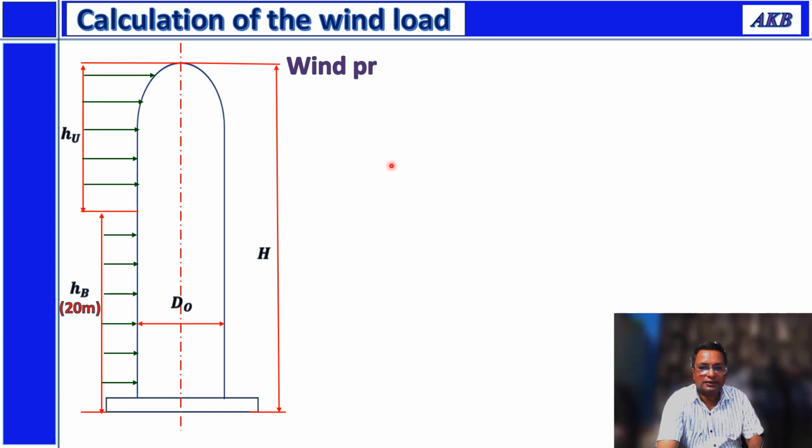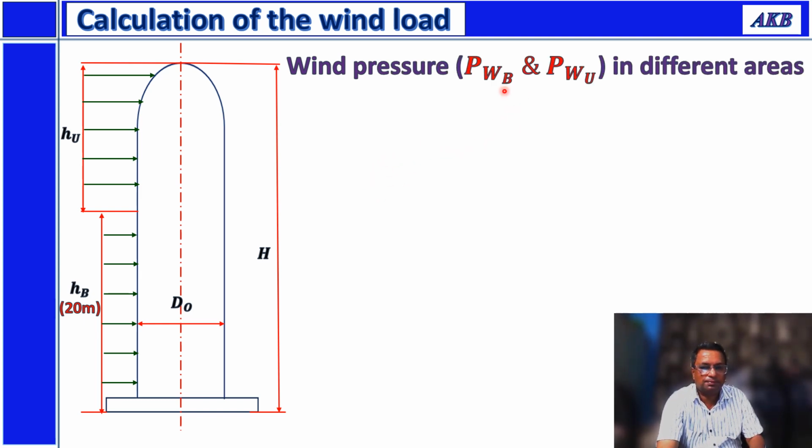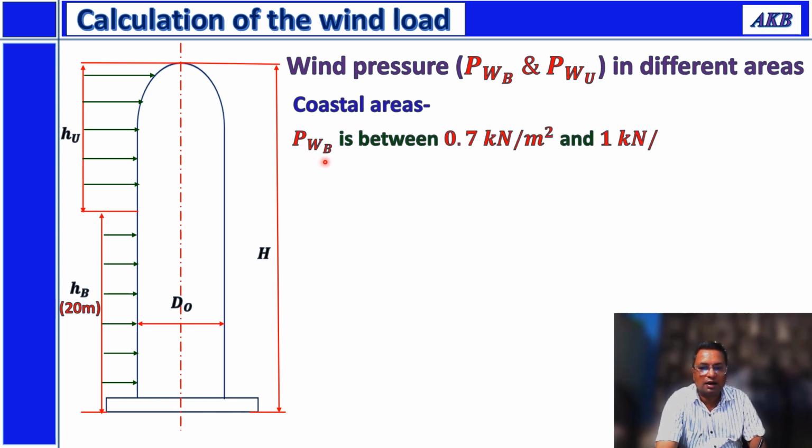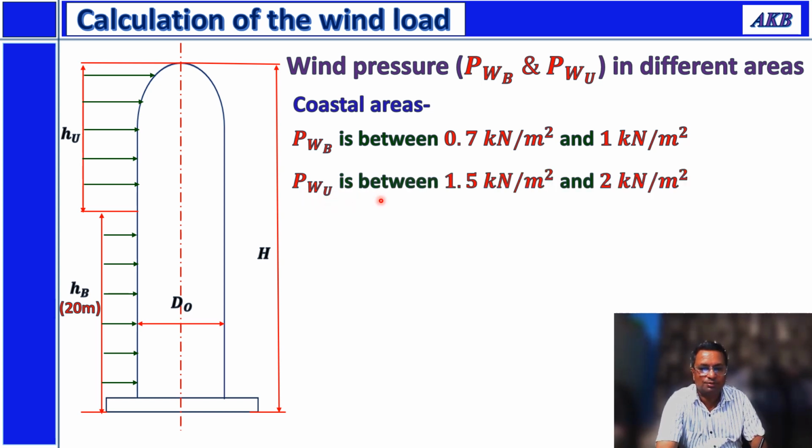Okay. Then the wind pressure acting at the bottom and the wind pressure acting at the top, in different areas, what are the values? Let us see. In coastal areas, wind pressure acting at the bottom is between 0.7 kilonewton per meter square and 1 kilonewton per meter square, whereas wind pressure acting on the top of the column is between 1.5 kilonewton per meter square and 2 kilonewton per meter square.